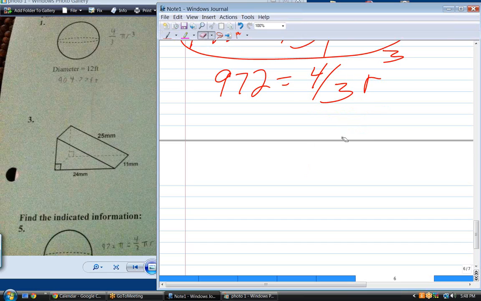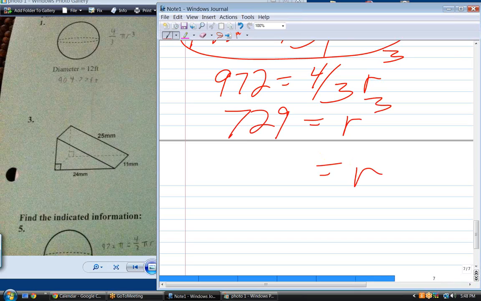So 729 equals r cubed. And then take the cube root of that number. Sounds like a perfect cube number. I'm guessing. How do you do that again? What's the cube root of 729? Yeah, how do you take the cube root again? Take 729 and raise it to the 1/3 power.